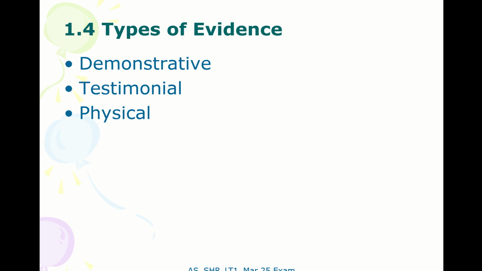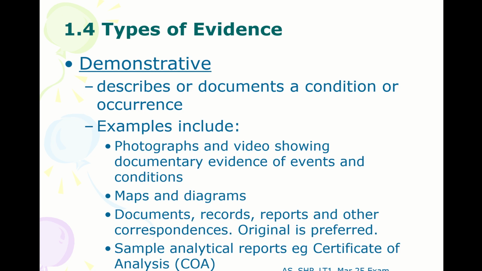Okay, types of evidence. There are three types: demonstrative, testimonial, and physical. So demonstrative are all your documents, photographs, videos, maps, diagrams, everything. That includes also your sample test reports. That means telling you, okay, this product has this pH, has this amount of heavy metals, and so on. All the test results are also considered demonstrative.